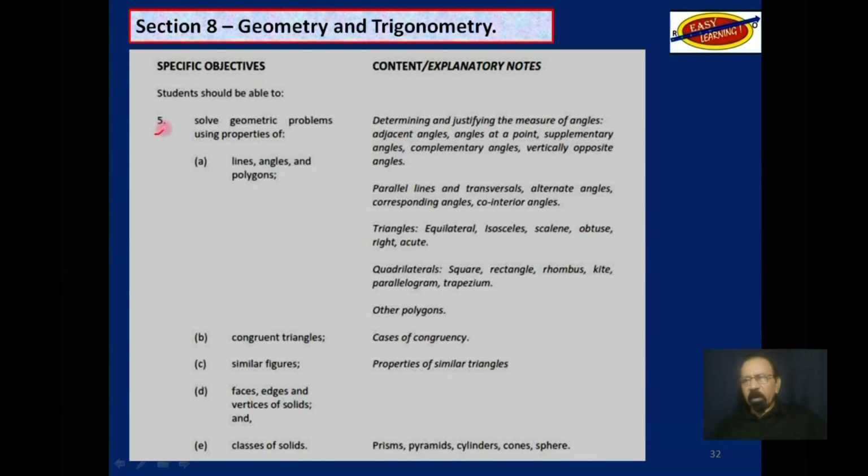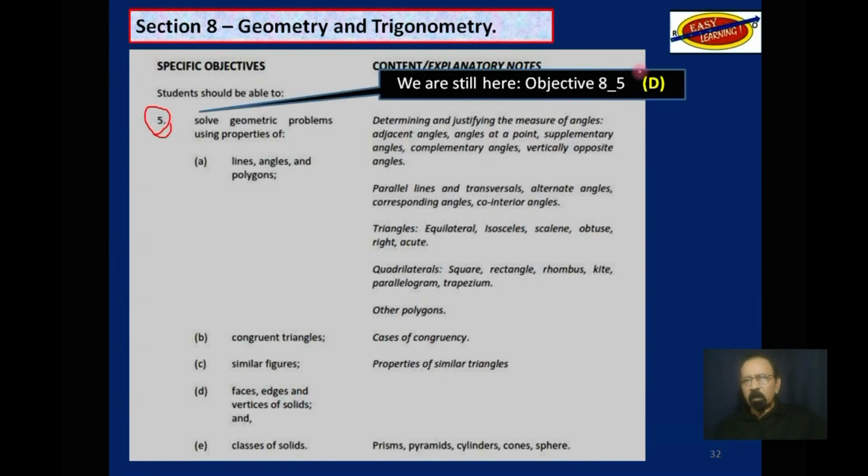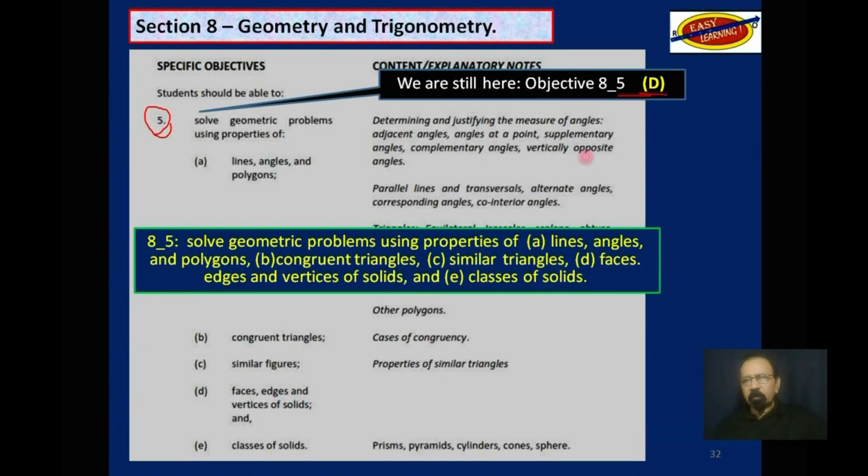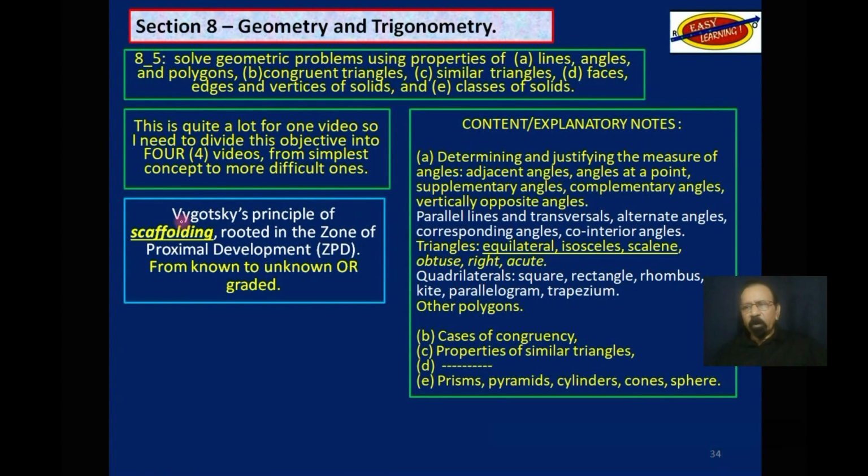So as I said, we are here, part D. By now, you know I am employing Vygotsky's principle of scaffolding. So you should have looked at section A, B, C before you come to this section, section D. We are moving from the known to the unknown, or what is sometimes called graded.